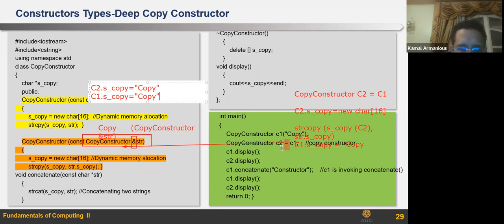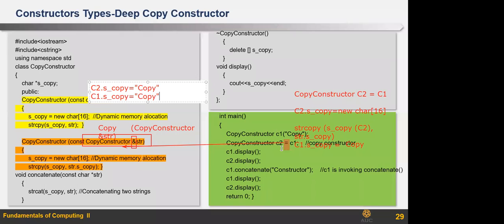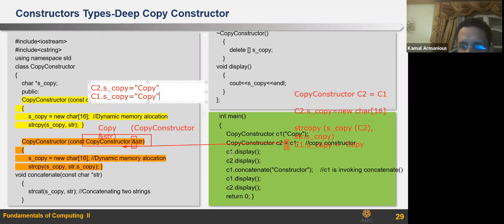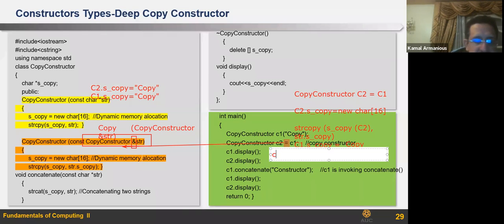Okay, thank you. Then after this step C1.display will display C1 dot s_copy, which is copy. C2 dot s_copy will be equal to copy.